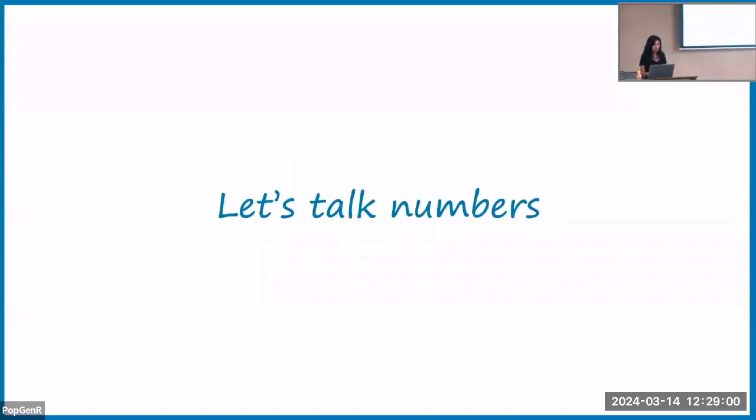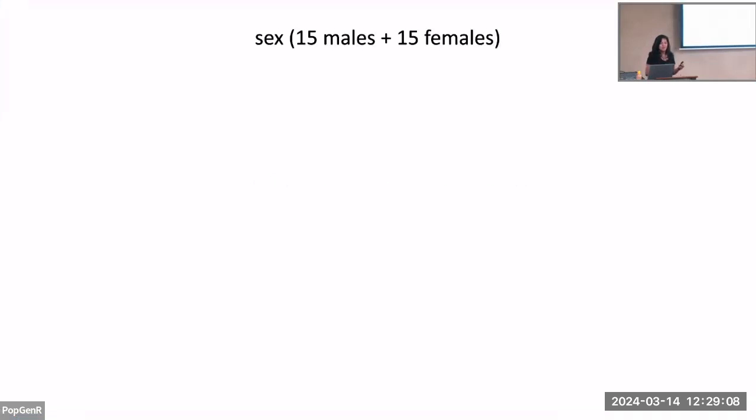Right, so now let's talk numbers, because science is not always perfect, fieldwork fails, etc. The minimum amount of known sex individuals that you need is 30, 15 males and 15 females. The genotype object can have many, many individuals, but at least 30 should have sex.